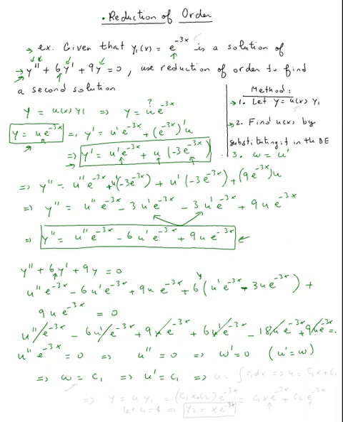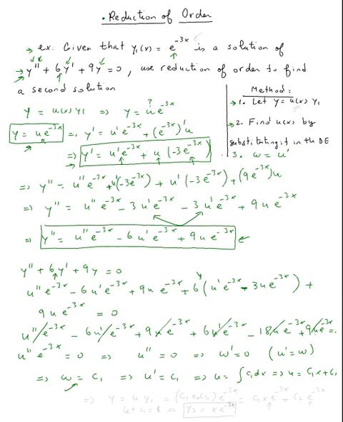I got this by taking the integral of 0: if the derivative is 0, then w is equal to a constant. Now same thing here, this means that u is equal to the integral, this time not of 0, but of c1 dx, which means u is equal to c1x plus another constant, let's call it c2.